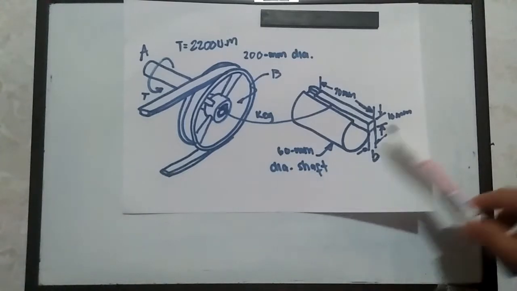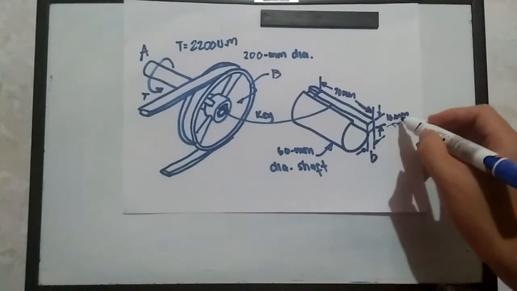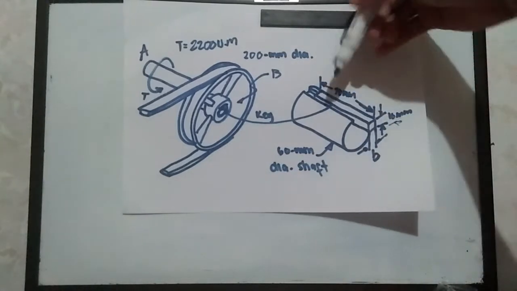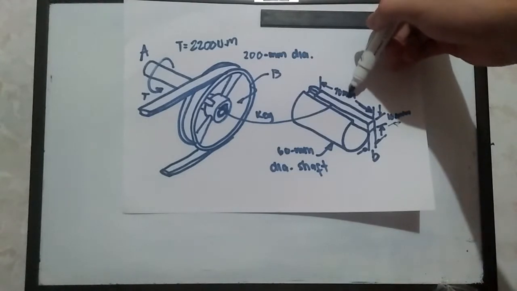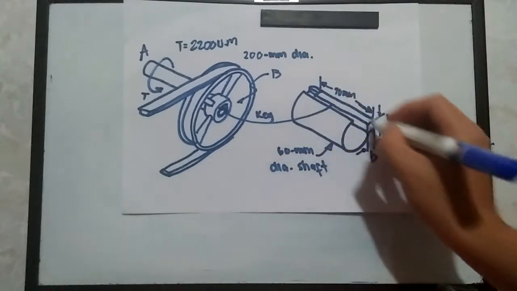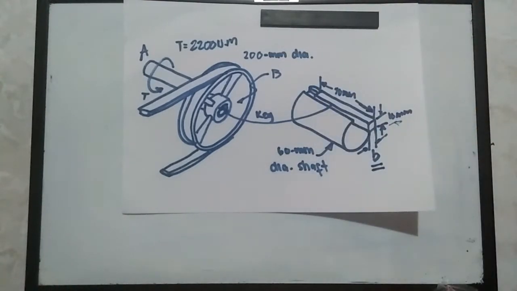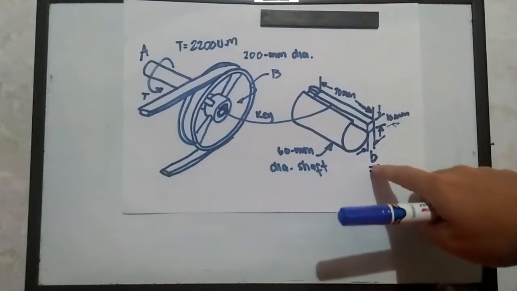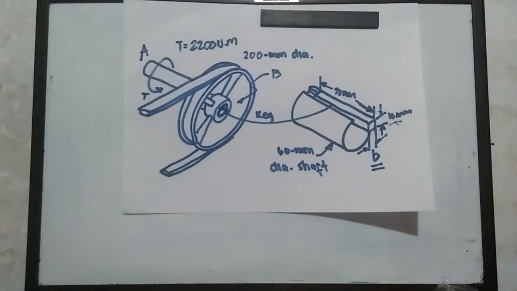The height of this key is 10 millimeters, the length of the key is 70 millimeters, and of course, the width of this key is B. So the problem wants us to simply solve for the value of B.